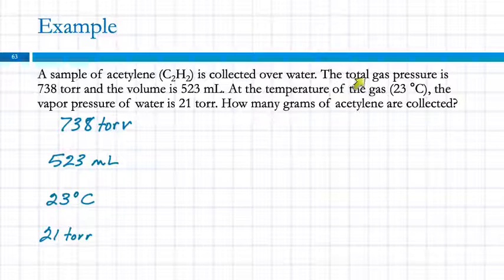This says the total gas pressure is. So I'm going to label that P total, PT for P total. This is the volume. This is the temperature. And this other one is the partial pressure of water, the vapor pressure of the water. What I'm trying to find is grams of acetylene.